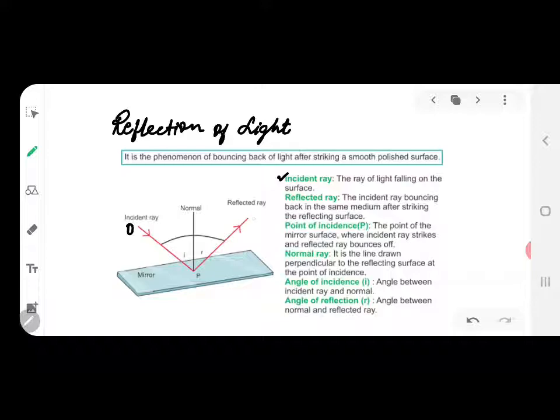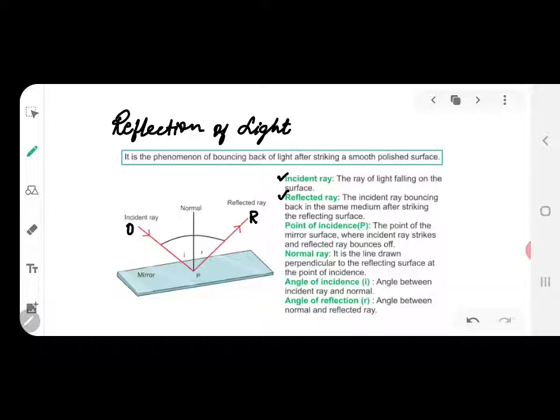Similarly, PR is the reflected ray, the incident ray bouncing back in the same medium after striking the reflecting surface. Now, the point P is called the point of incidence, the point of the mirror surface where the incident ray strikes and the reflected ray bounces off.